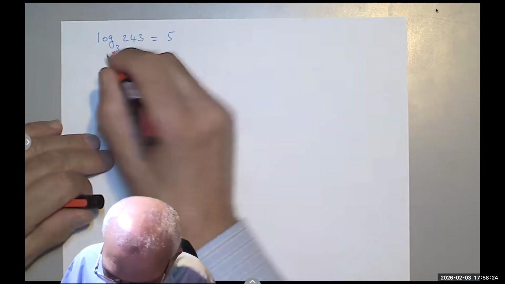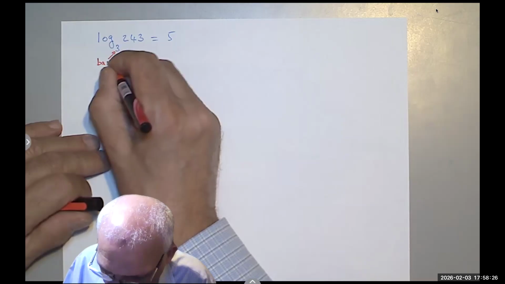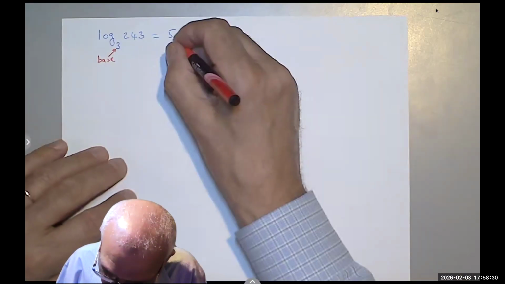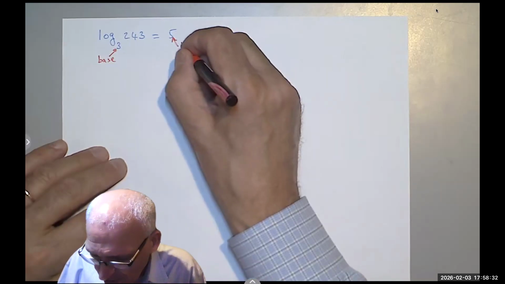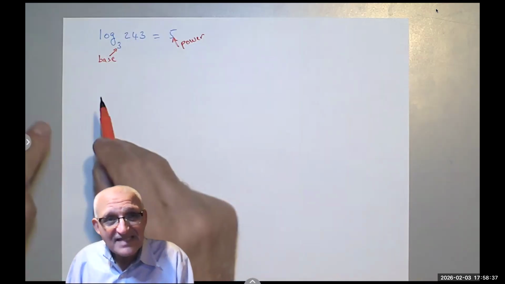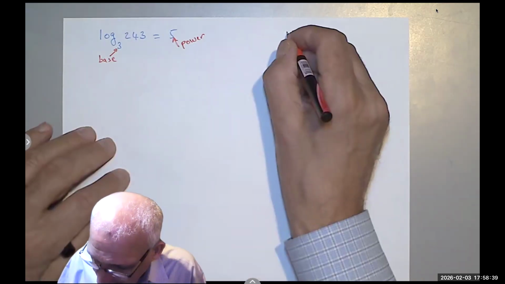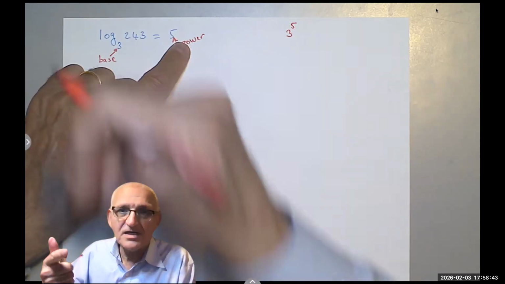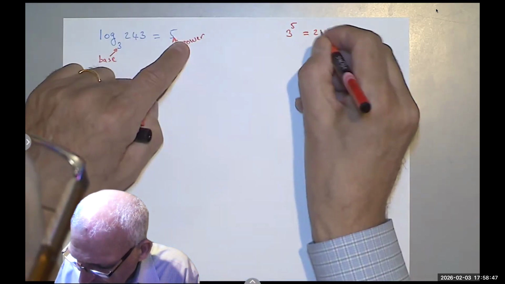This is the base. Remember what we call the base in the exponents? And that is the exponent or the power. So basically what it's saying is 3 to the power of 5, meaning 3 times 3 times 3 times 3 times 3, is 243.